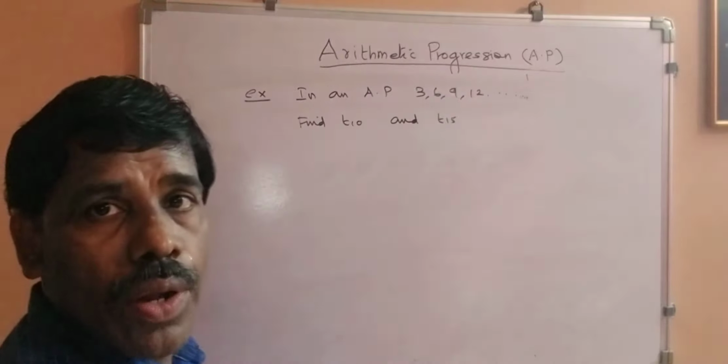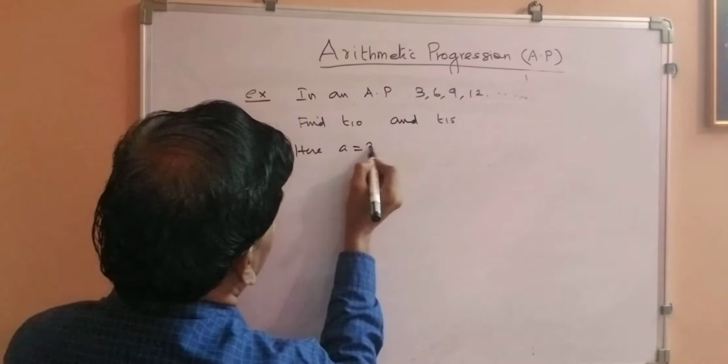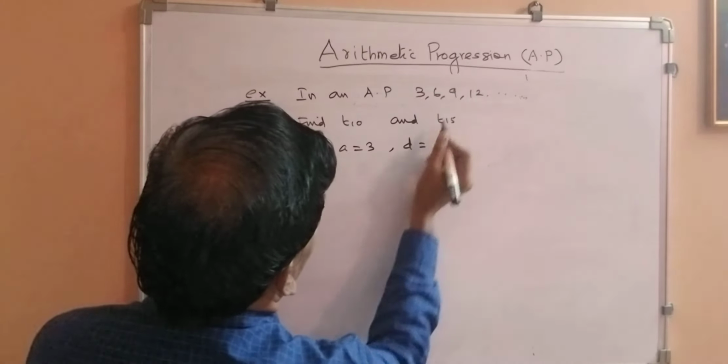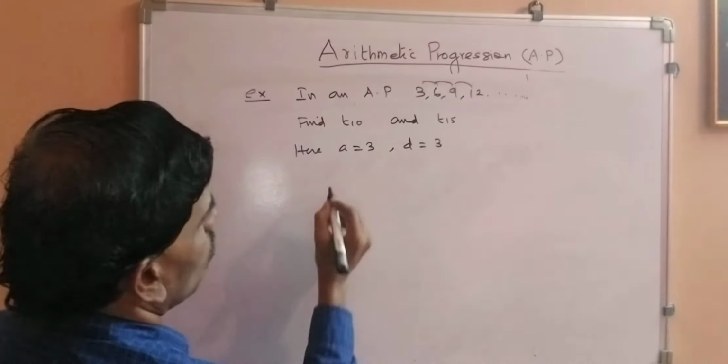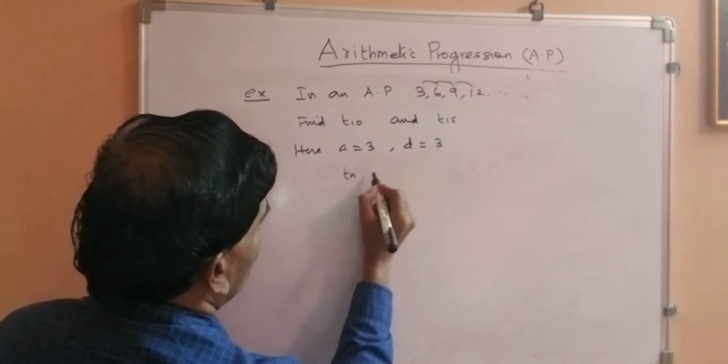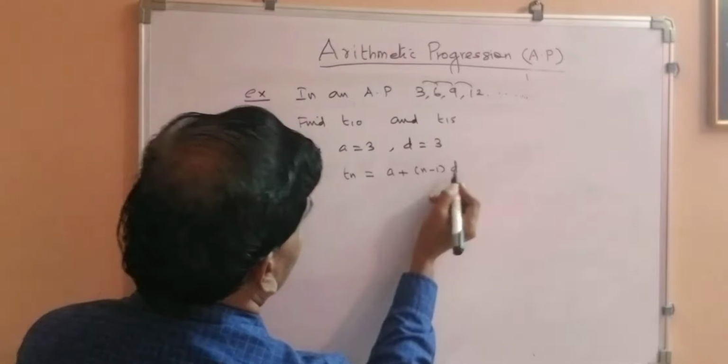Okay. Now, here a is equal to 3. What is d? 3. So, what is the formula to find Tn? a plus (n minus 1) into d.